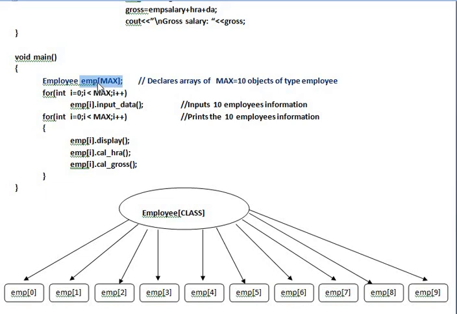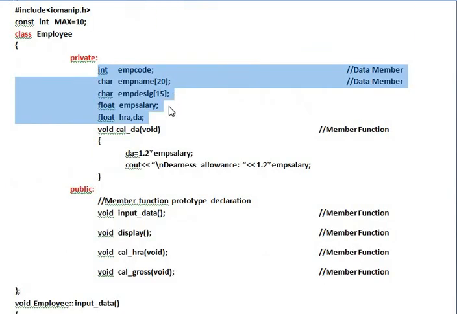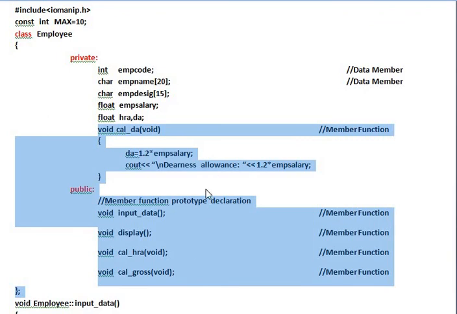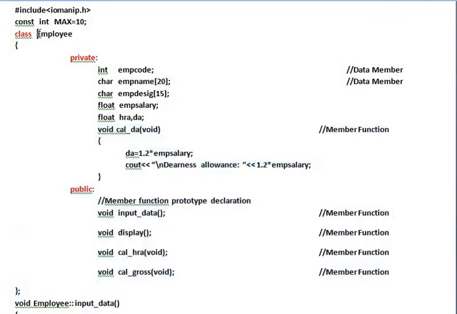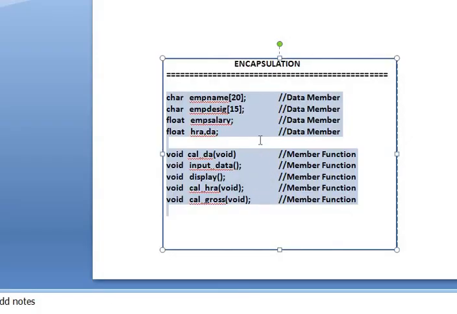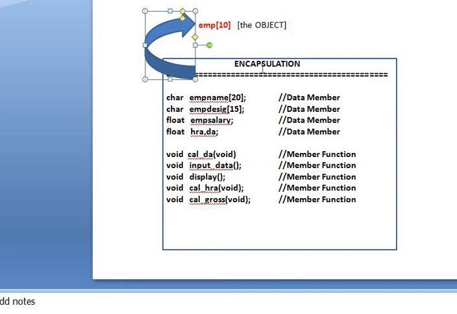Now as soon as these objects get created, the data members and the member functions belonging to the class known as employee shall be bundled together into a single unit to form an encapsulation. Once the encapsulation has been formed, it shall be bound or tied to this object.